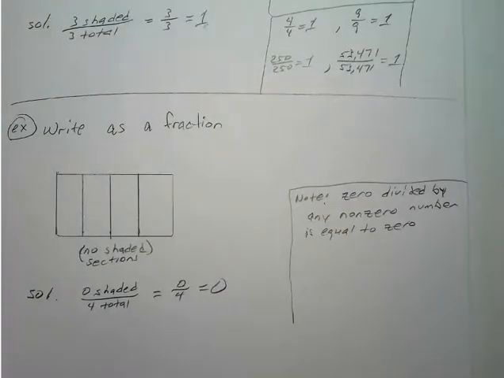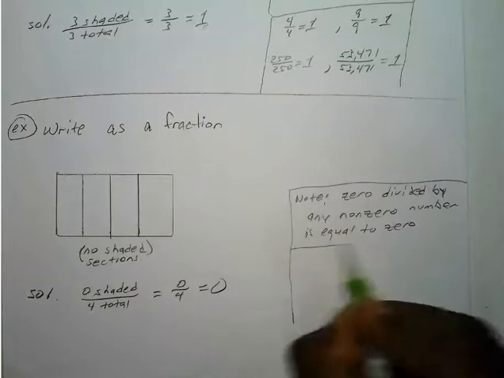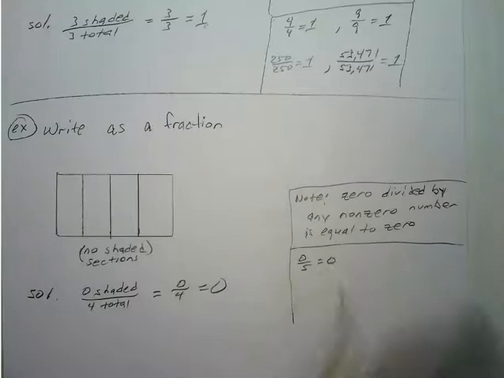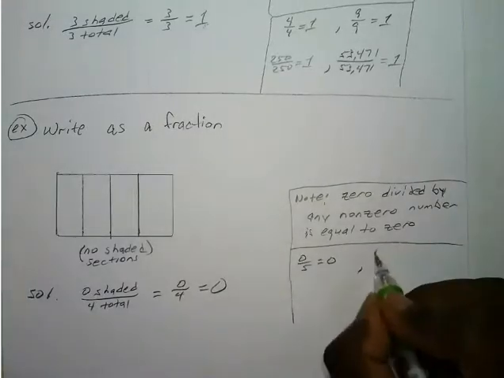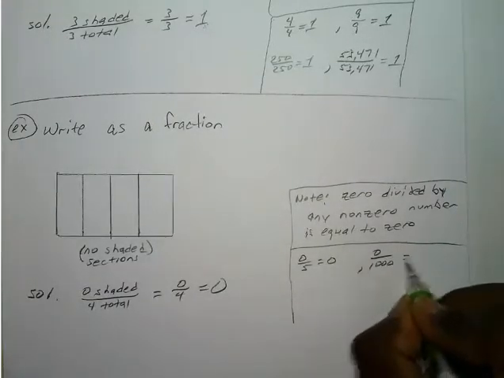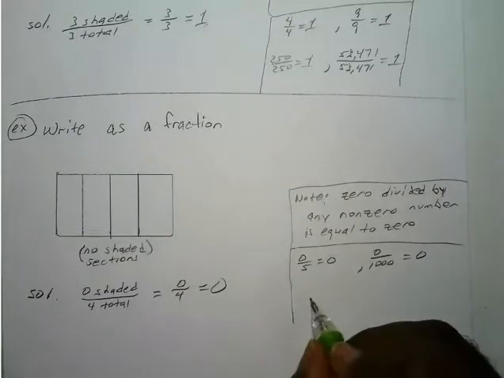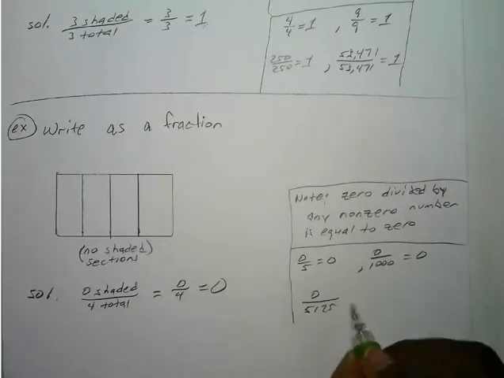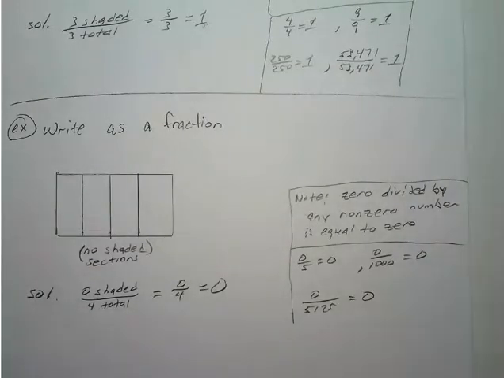So no matter what number is in that denominator, if you are dividing 0 by a non-zero number, it's always going to equal 0. So if you have 0 over 5, that's going to equal 0. If you have 0 over 1,000, that's going to equal 0. If you have 0 over 5,125, once again, that's going to equal 0. So no matter what, as long as you have a non-zero number in that denominator, if you have a 0 in your numerator, it's going to equal 0.